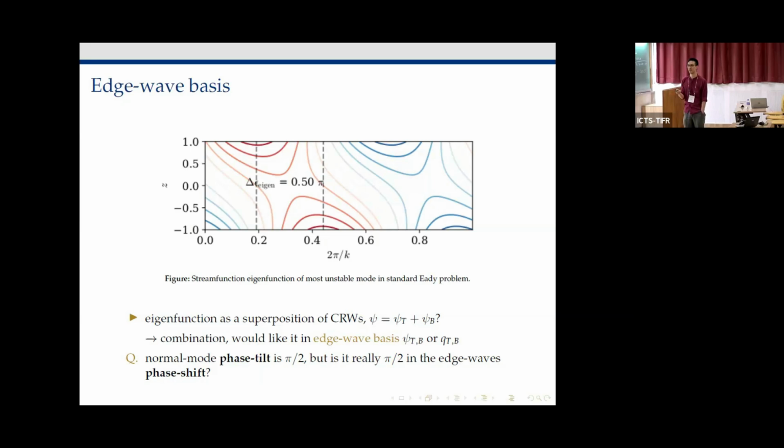The problem, of course, is this is ill-defined, right? You need to give it some constraints, but otherwise I could say whatever I like. And this would be valid as long as it sums up to this. So the observation here is that the tilt in the eigenfunction is pi by 2, but if you do it in terms of a sensible edge wave basis, is that necessarily pi by 2?